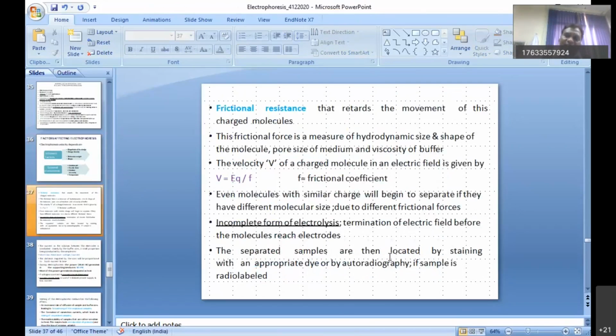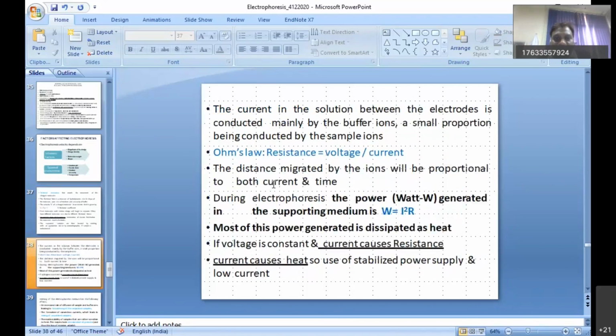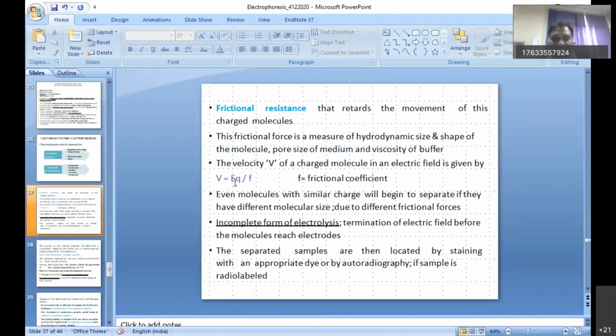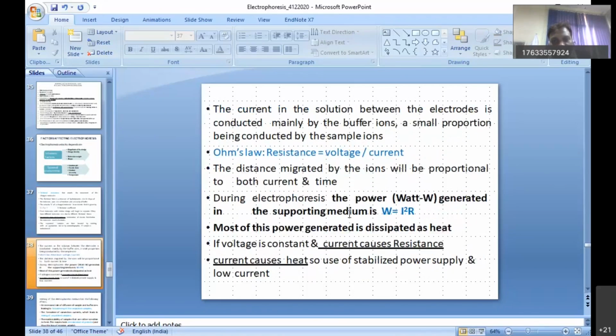Another important thing: if you have everything but you think your band is not coming well, the sharpness is not good, there are certain things you have to take care of. Frictional resistance is one of them. It is generated when you apply the charge. As I told you, velocity V depends on Eq by f. When the electric charge is there, it develops resistance.